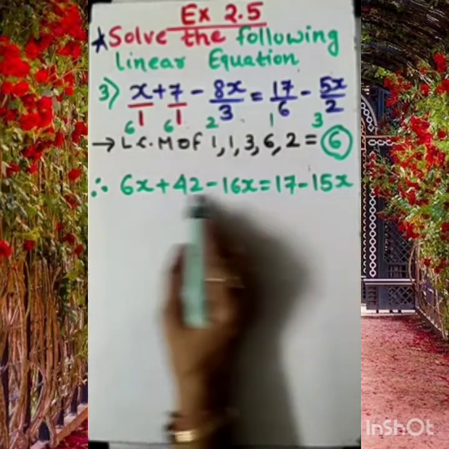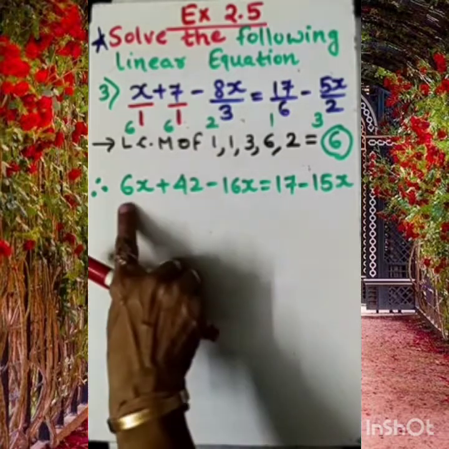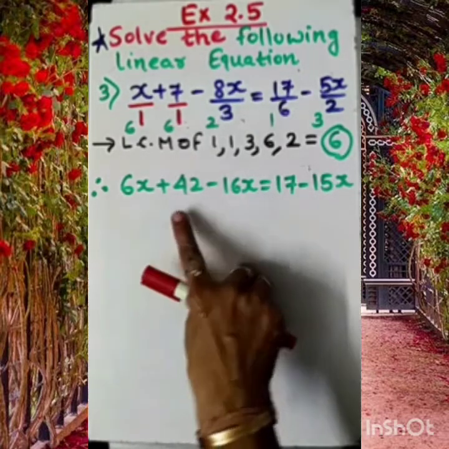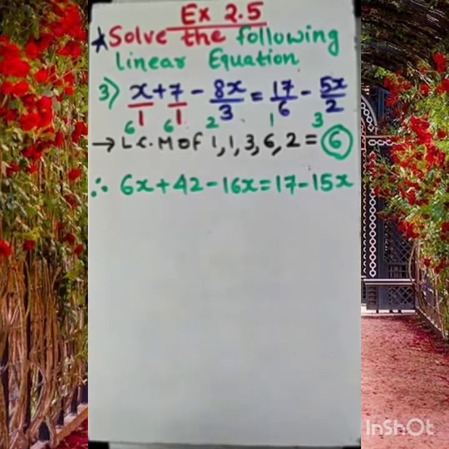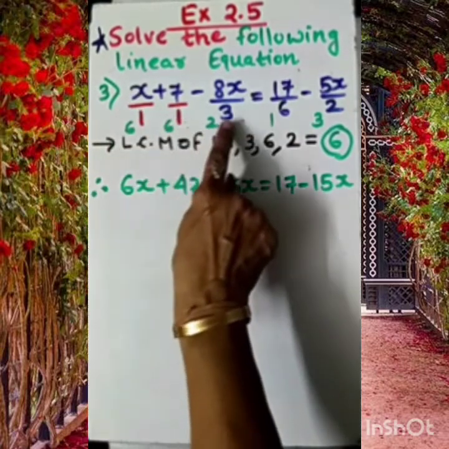So we need not mention 6, because if you write LCM 6 here and 6 on this side, in the cross multiplication they both will be cancelled. Okay. So dear student, directly I have taken the LCM of LHS and RHS all together. Clear? So this equation I am gaining after multiplication with the same number with which I multiplied the denominator.